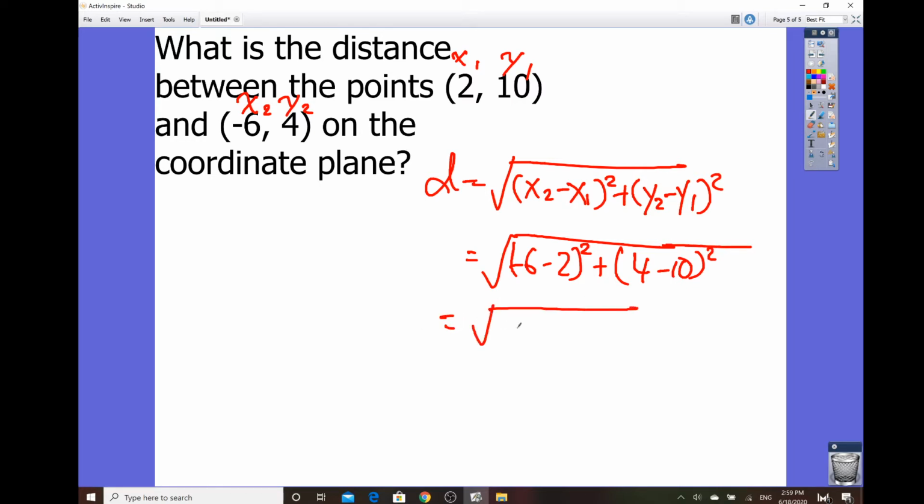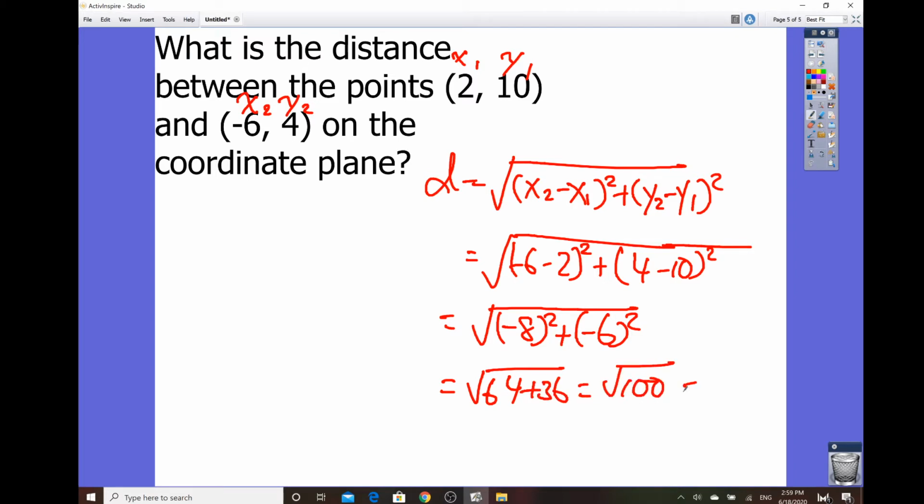Negative 6 minus 2 gives negative 8, quantity squared. 4 minus 10 is negative 6, quantity squared. Negative 8 times negative 8 is 64. Negative 6 squared is 36. The sum is 100. So the final result is a perfect square number, which is 10.